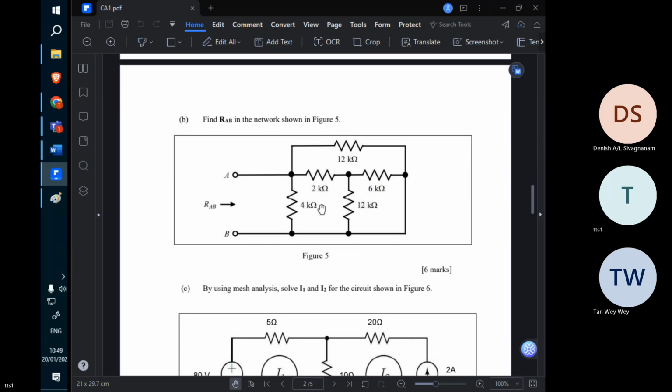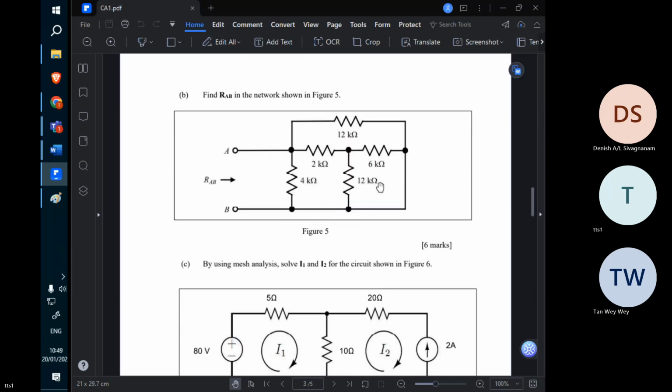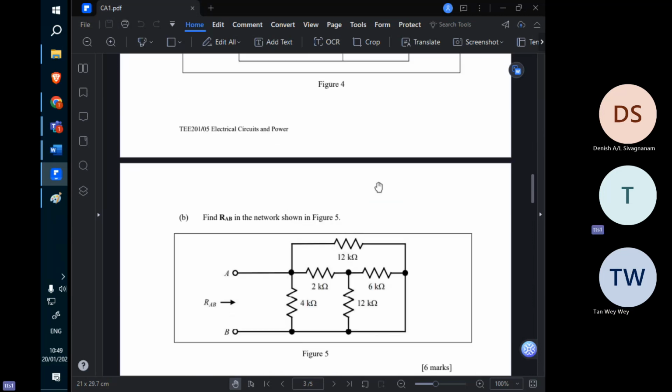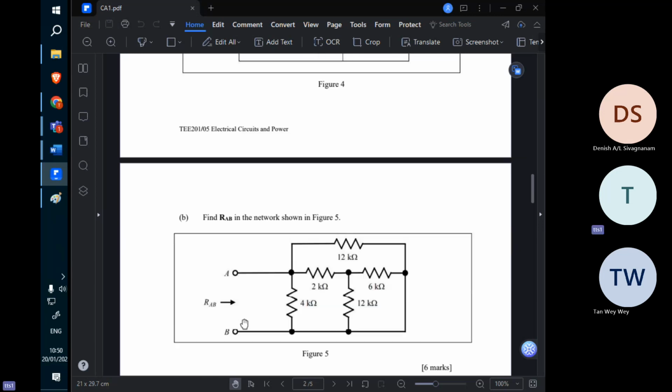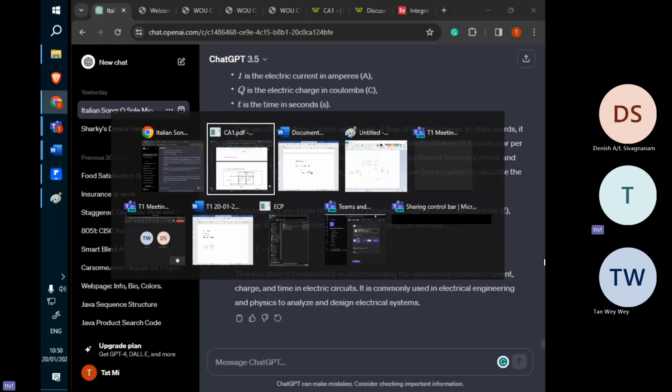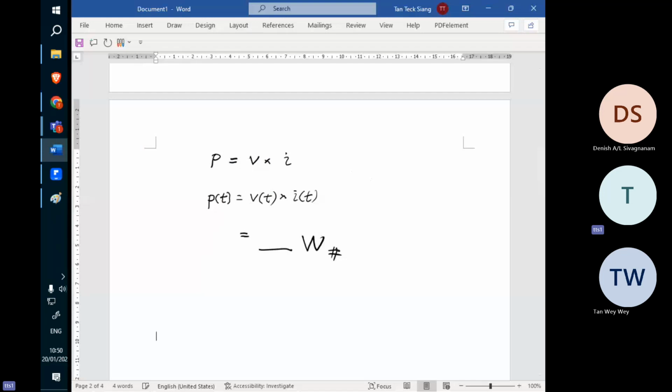All right, let's skip some questions and jump straight to question 2B, because we can jump around here.